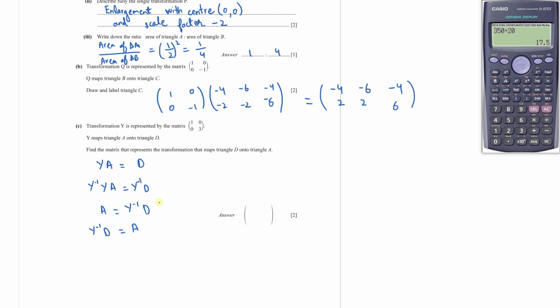Y is given. To find the inverse, first you need the determinant of Y, which is 1 times 3 minus 0 times 0, which is 3.